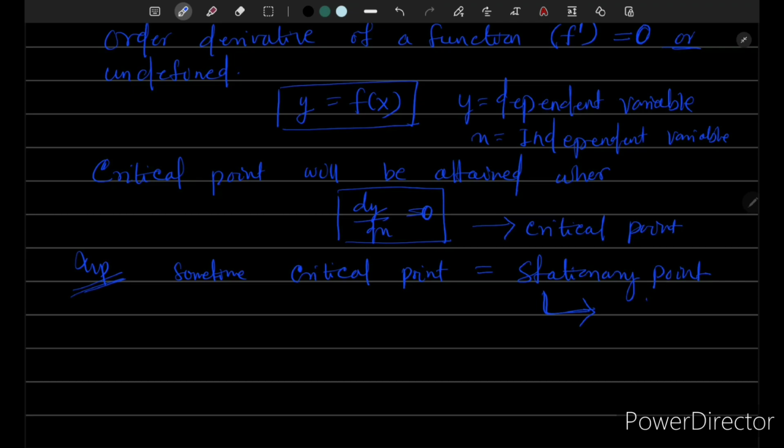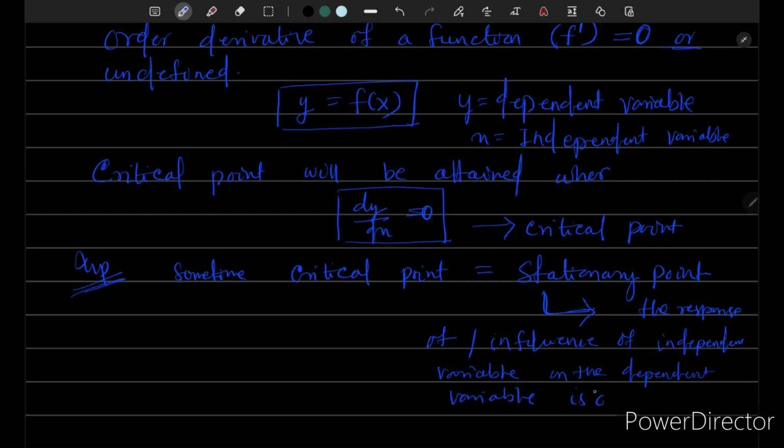It is where the response, or you can say the influence, of the independent variable on the dependent variable is 0.